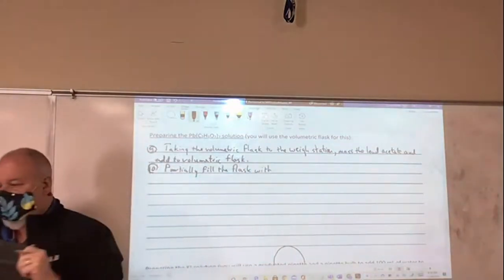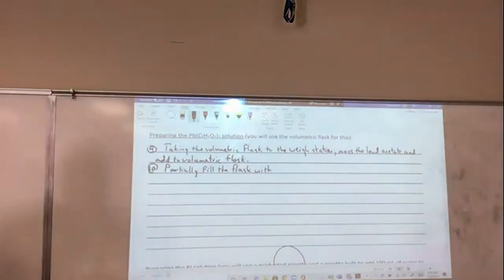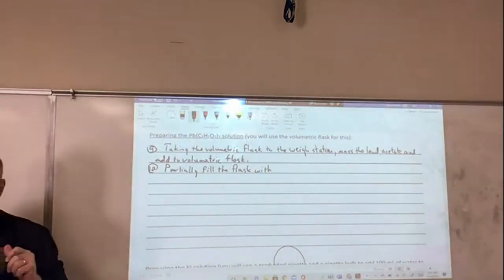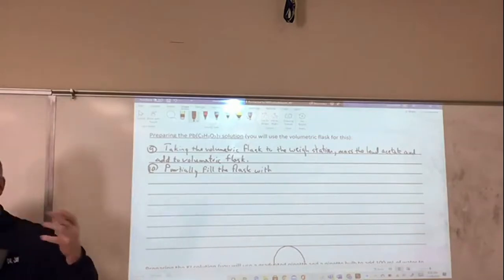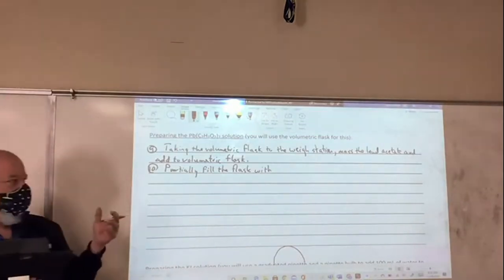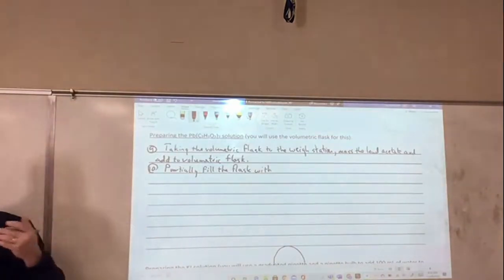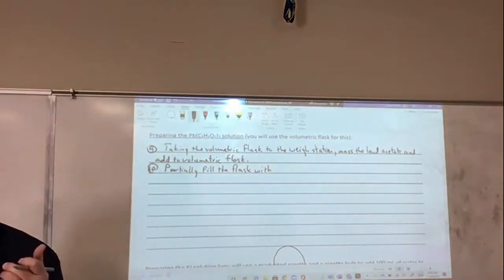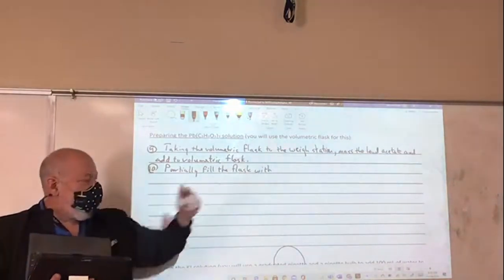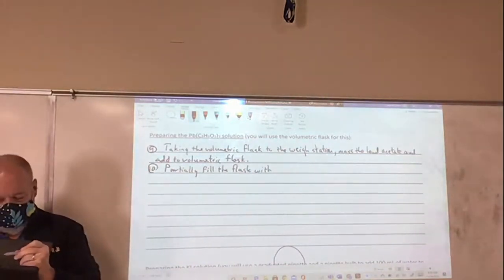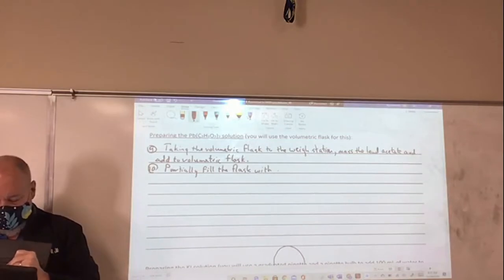We used tap water, and we shouldn't have, because tap water has all kinds of ions in it from the source of the water. We had chloride ions in it in particular, and that gave us a lead chloride precipitate when we made this, right? It became cloudy.